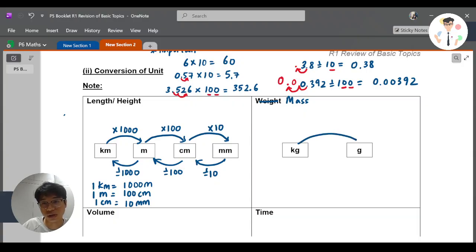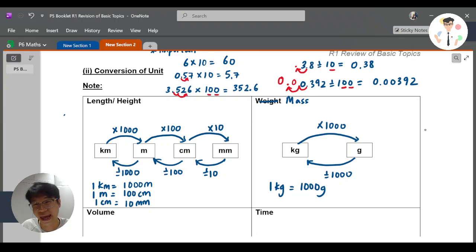So 1 kg is equal to how many gram? You're supposed to times 1,000 because 1 kg equals 1,000 gram. And the same thing, when you're going backwards, you divide by 1000. Maybe I'll give you an example. I have 1.32 kg.